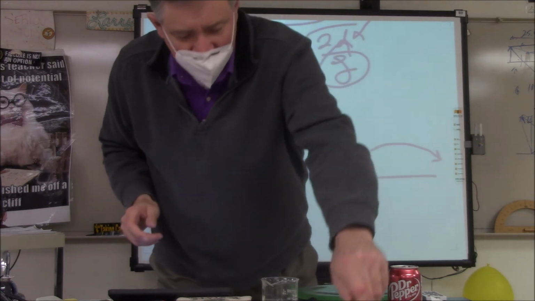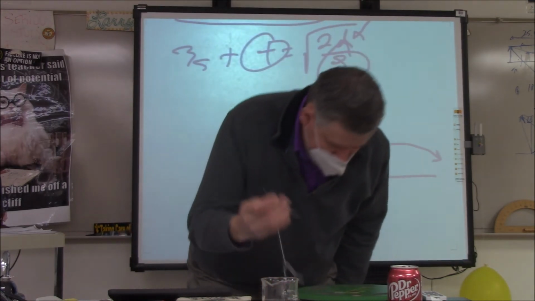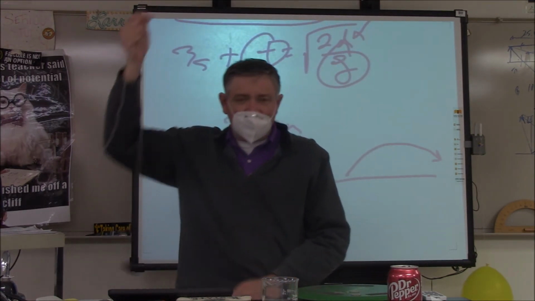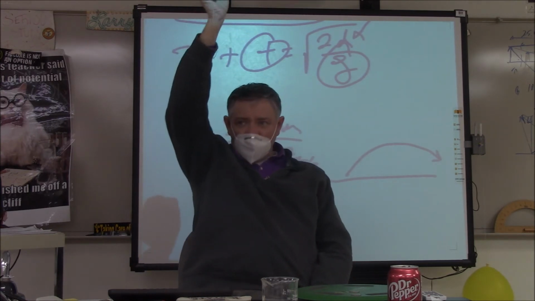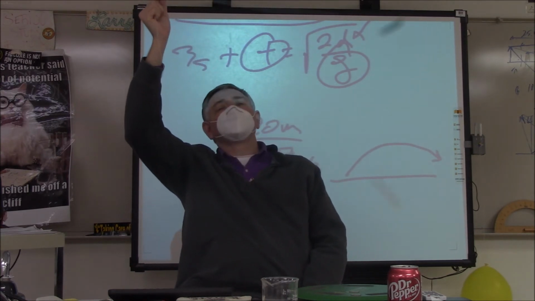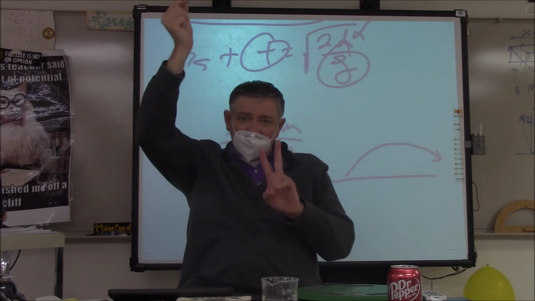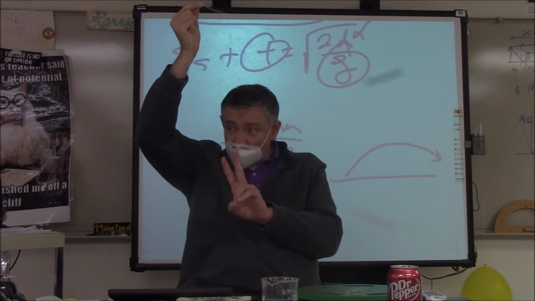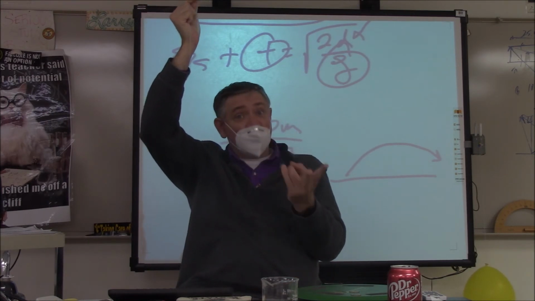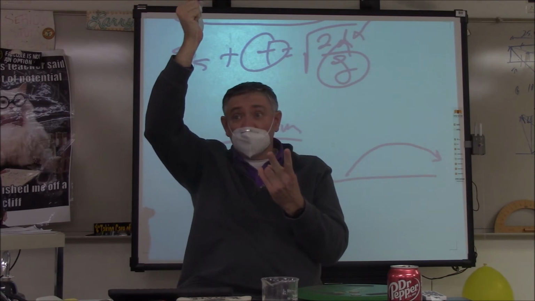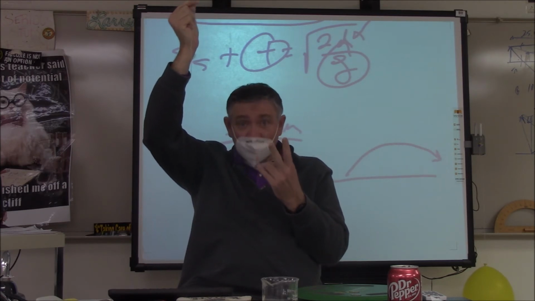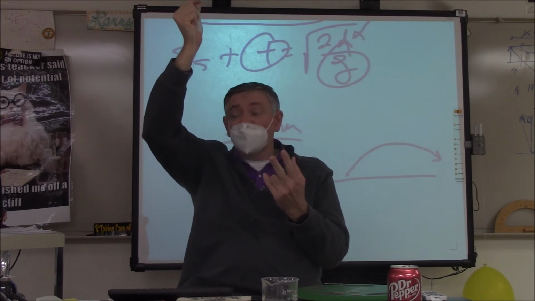So here's the drill. When I swing this around over my head like this, remember, velocity is a vector quantity, which means it has what and what? Magnitude and direction, right?